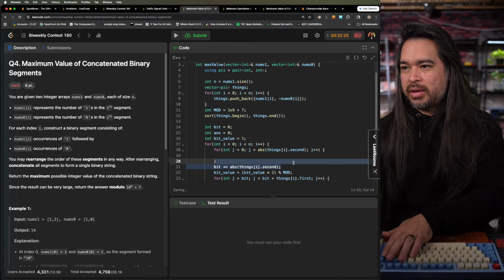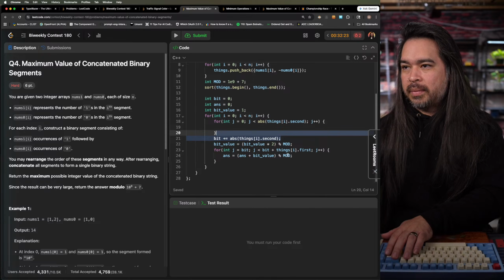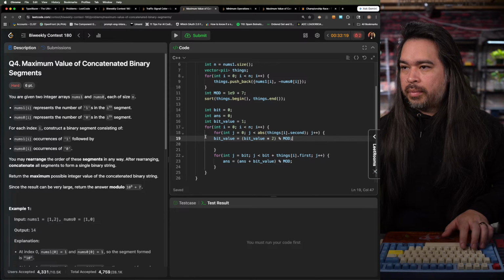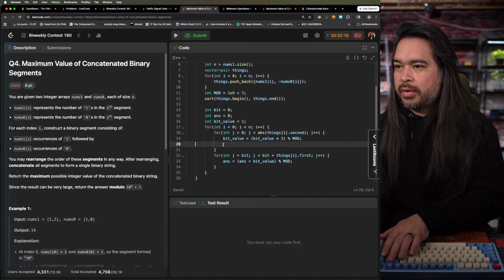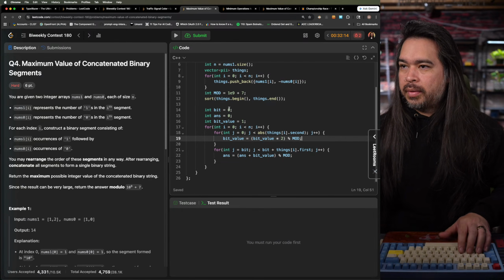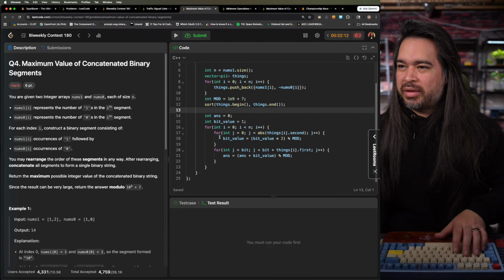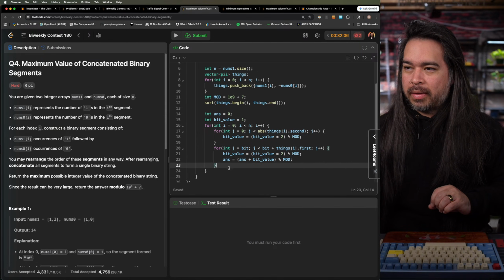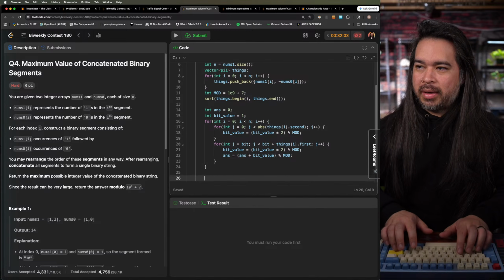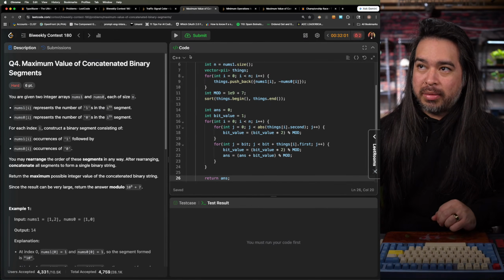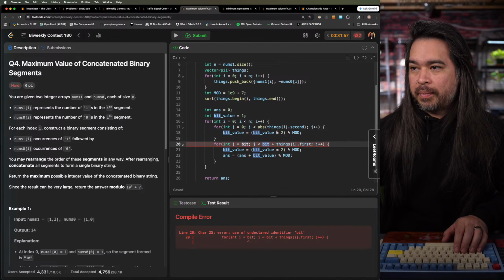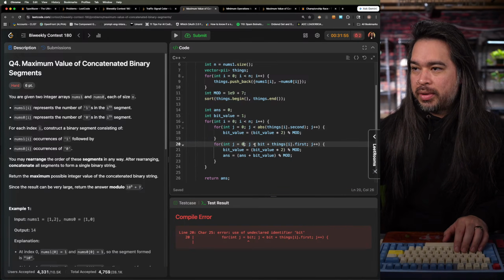This is what I'm trying to do. So I don't care about the bit here, I just care about the actual bit value. I think if I do it like this, maybe I don't need mod power. But hold up. Let me change that up a little bit right here.